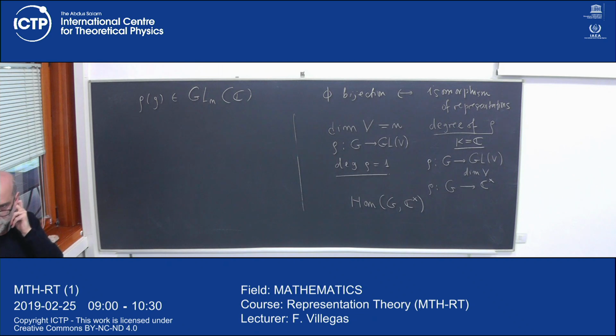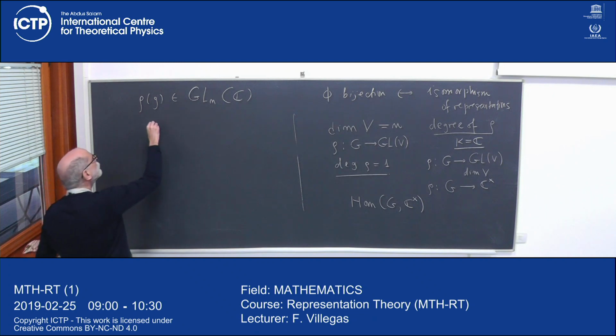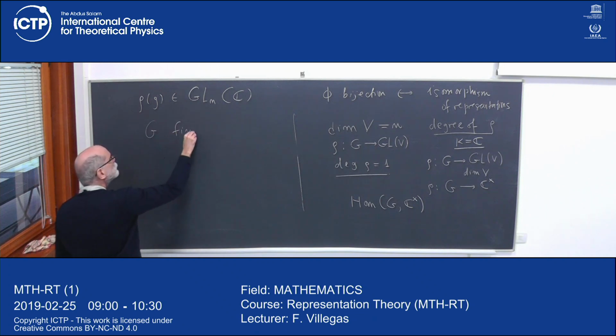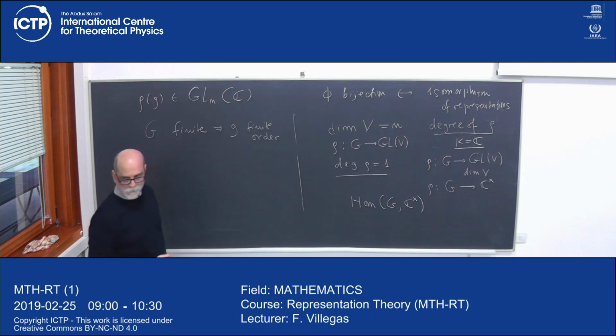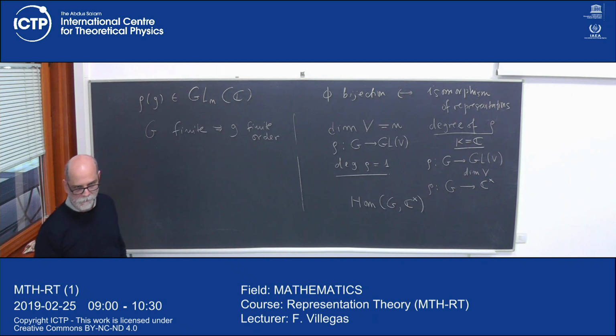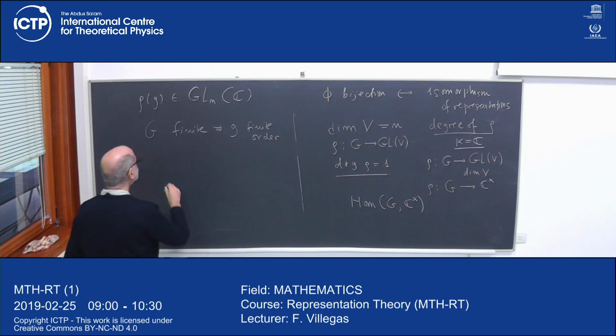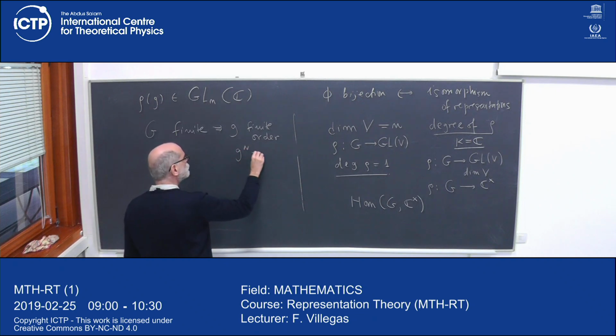What do we know about roots of unity, and why is that? Because the group is finite. So G is finite, therefore the element g has finite order. So little g to the order of G has to be the identity. So let's say g to some number n is equal to 1.